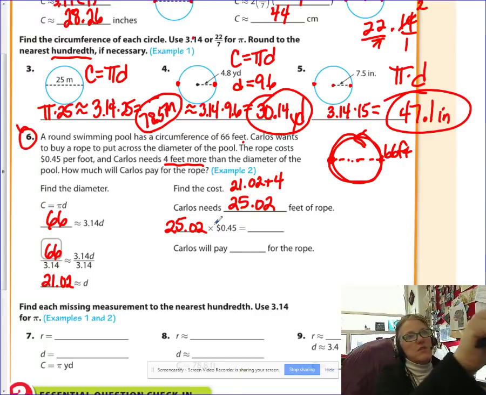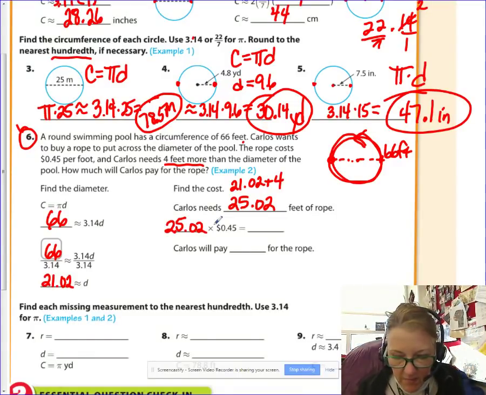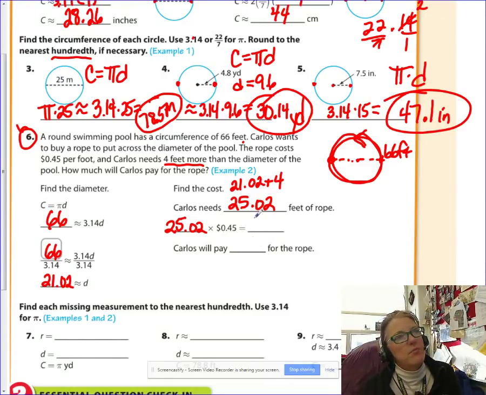Now, before you even do that, that's almost close to 50 cents, which is half a dollar. So half of 25 is about 12 something, 12 and a half. Here, I get 11.259. I'm going to round that to 26 because it's money and it would make sense to put that to the hundredths place. So there you go. Okay, cool.